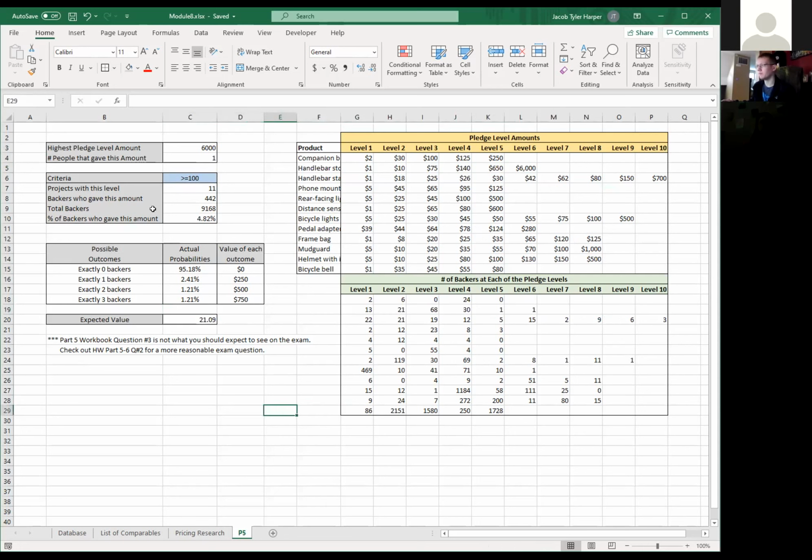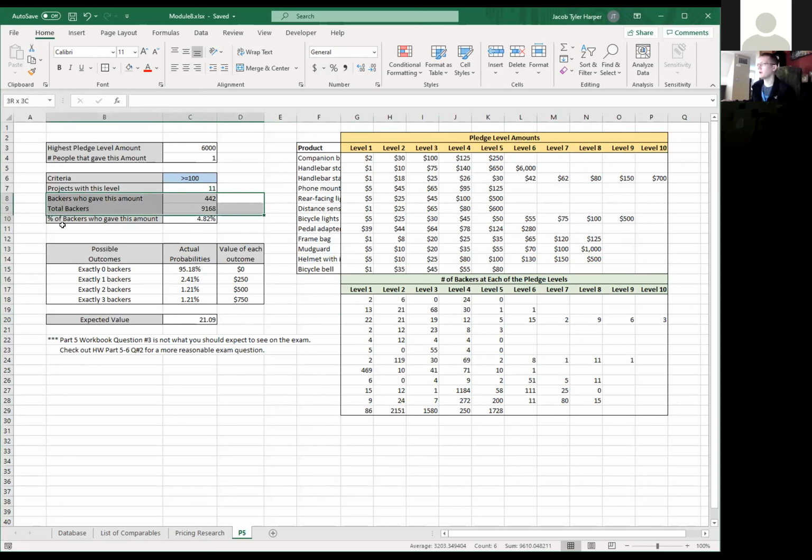And then for projects that gave at least $100, again, you could eyeball it if you want, but essentially there's 100, there's one, all the way down until that guy. That's the only one that doesn't have a pledge level over $100. There is a way to automate it, but not super important.